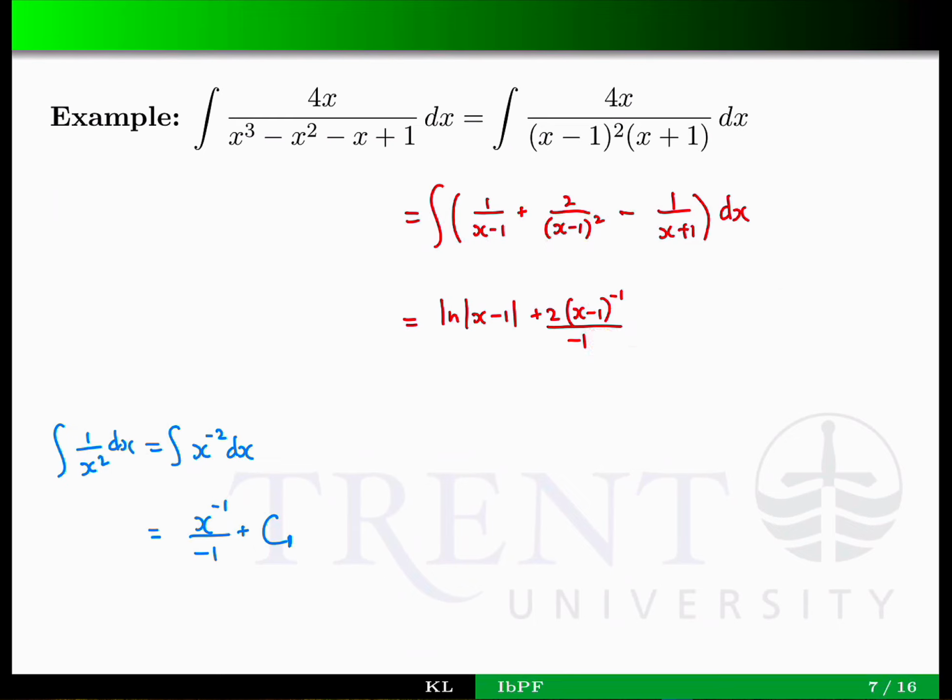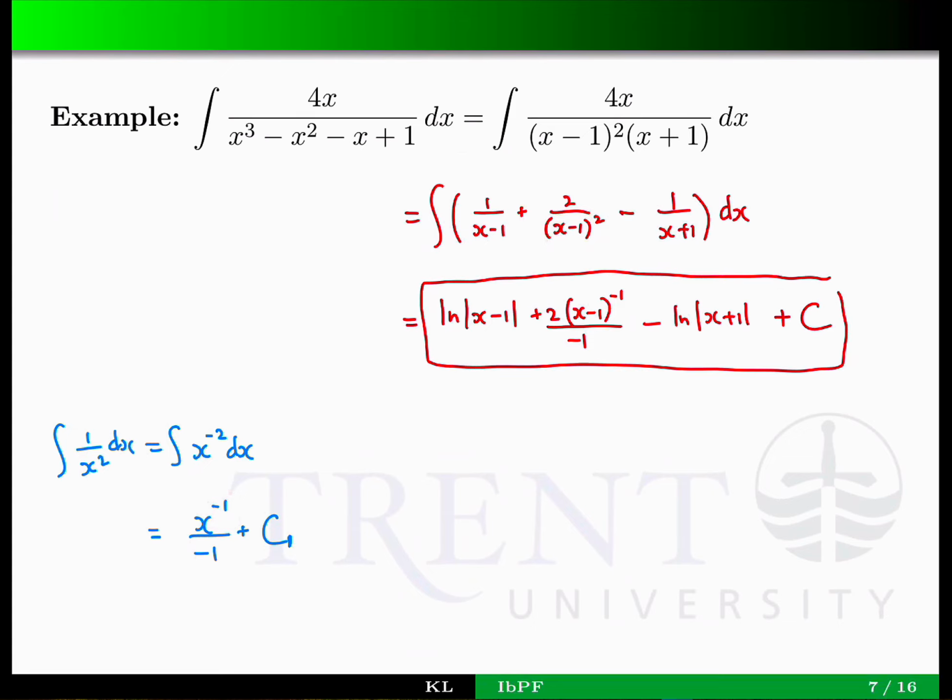But anyway, that's just times 1. Take note that this negative 1 came from the new exponent after integrating. And then lastly, for this expression, we have minus ln absolute value of x plus 1 plus the arbitrary constant. So this will be the final answer.